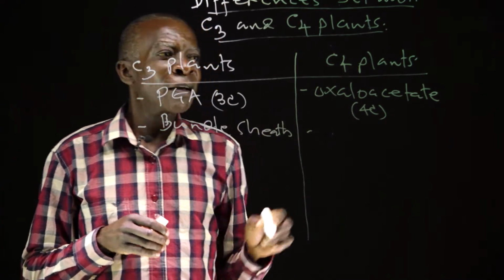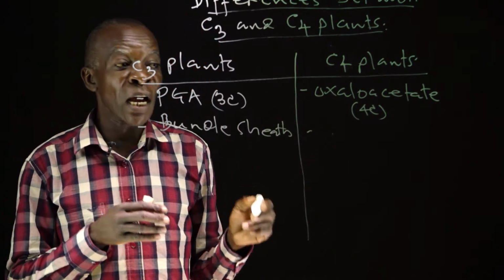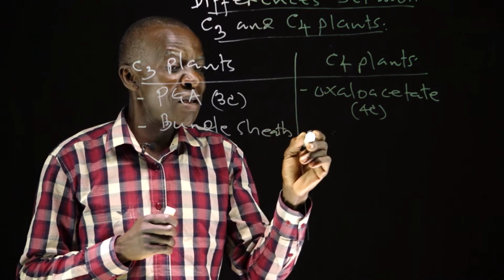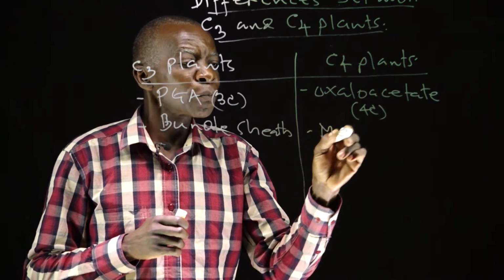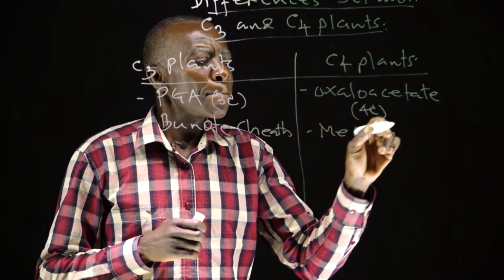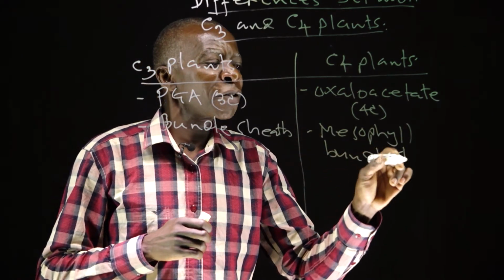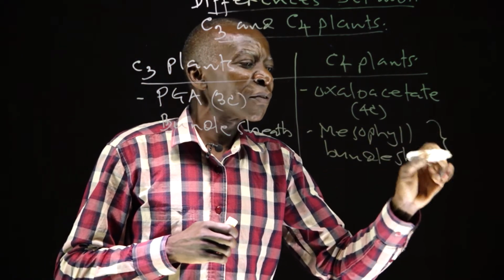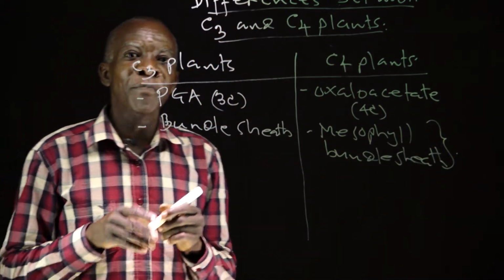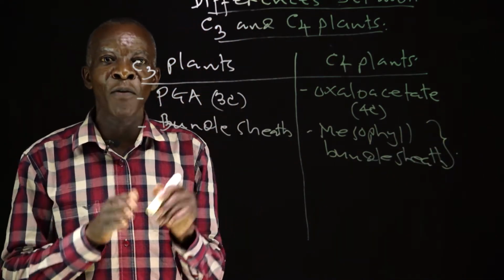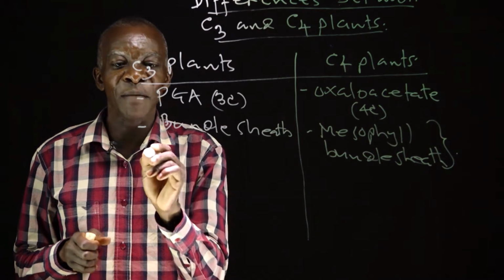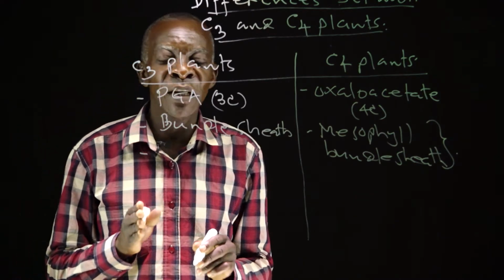While in the C4 plants, there are two types of chloroplasts, mesophyll and bundle sheath chloroplasts.